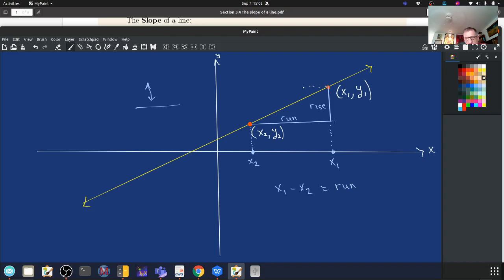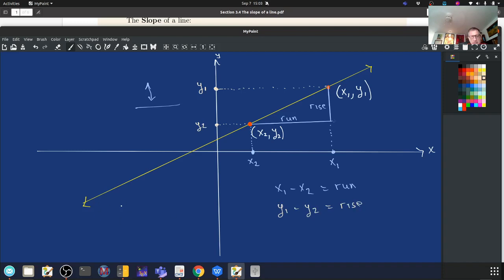If I come over here, I'm just kind of doing this the best I can, and I drop a perpendicular down to the y-axis, this will be a value of y1 on the y-axis, and doing the same down here, I'm going to have a value of y2. So y1 minus y2 is equal to the rise.